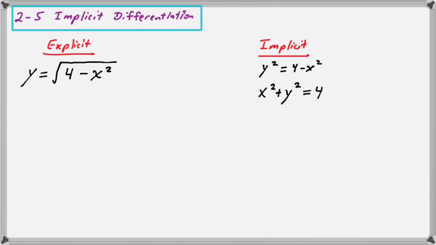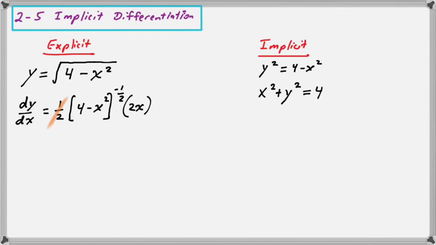So, if I was to take the derivative on the left, that would become dy/dx. The square root is a 1/2 power, so you have power times the base to the 1 less power times the derivative of the base. Well, this 1/2 and this 2 are going to cancel, and I'm sorry, the derivative is not 2x.